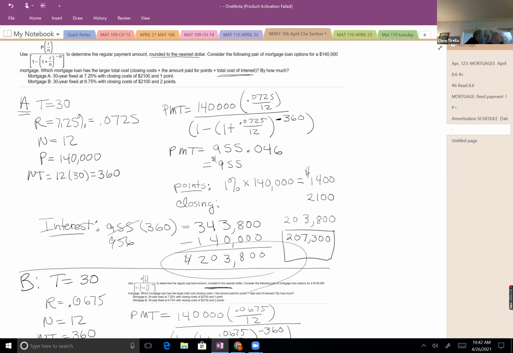And so the difference being the same amount for each of them would still subtract out. Because here we'll have 204,160.